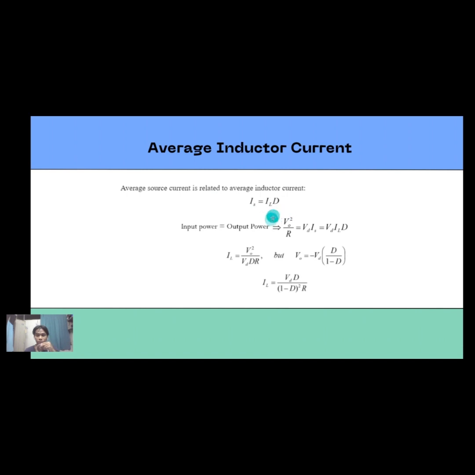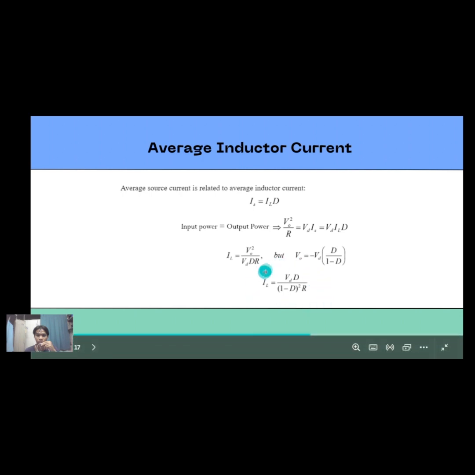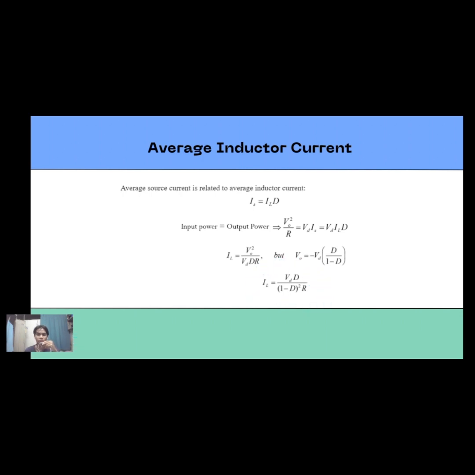IS will be equal to IL D, and then we use the formula for the power, so that we have this equation. Then we insert VO into this equation, and for the final formula we have IL equal to VS D over (1 minus D) squared R.